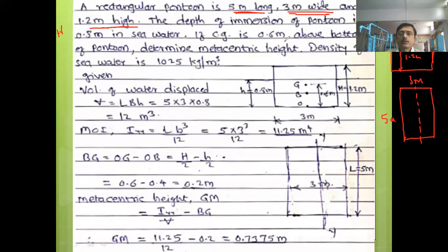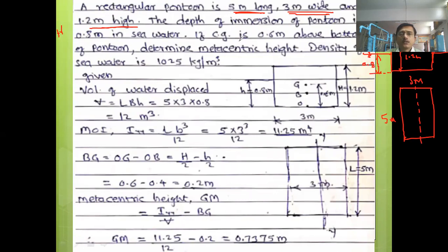Then the depth of immersion of the pontoon is 0.8 meter in the seawater. So this pontoon is floating in the seawater and its depth of immersion is given as 0.8. Now here you might have got clarity about the notation. Capital H will be equal to 1.2 meter and small h is equal to 0.8 meter.